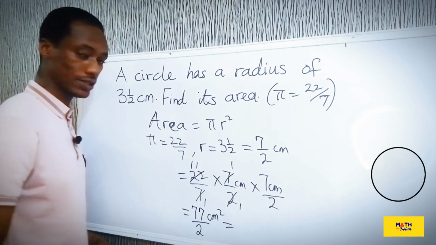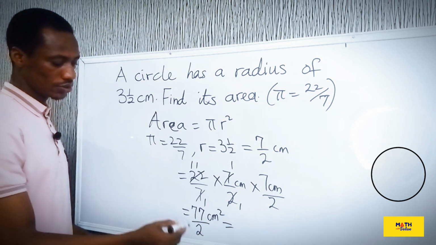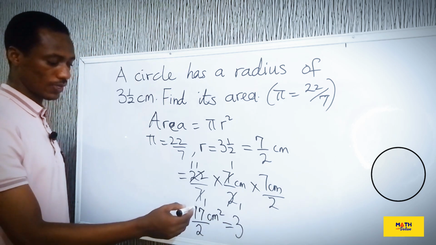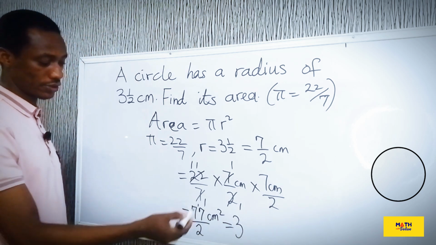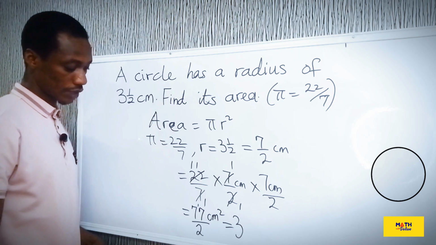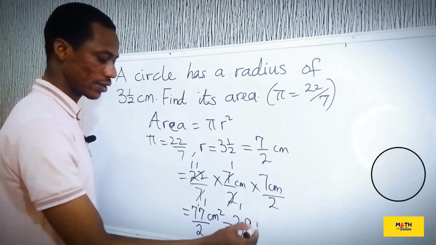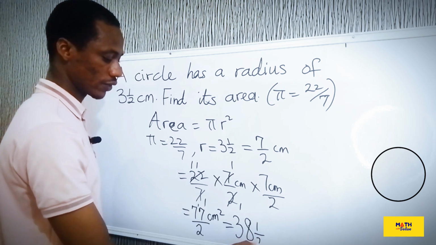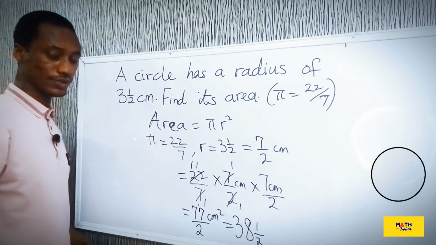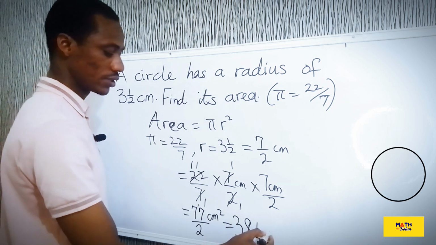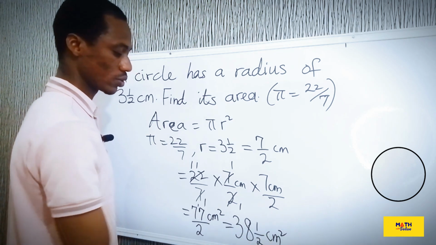We can take this to mixed numbers. 2 in 7 is 3, remainder 1, and then using our short division, 2 in 17 is 8, remainder 1, and that's over 2. So if you're writing this as a mixed number, you have 38 whole number 1/2 centimeters squared.